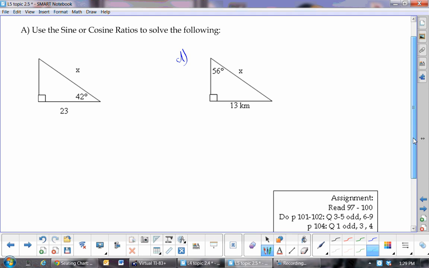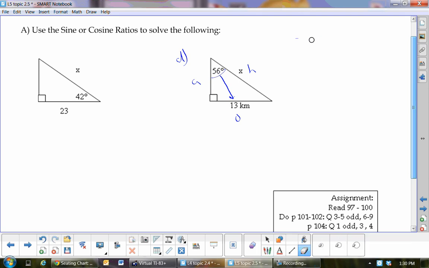Okay, so label your triangle quickly. Question D we're doing now. Opposite and hypotenuse are what we're dealing with, right? So sine theta equals... I know you just want to get right into it and put stuff in, but that's where students make problems because they put the wrong formula down.